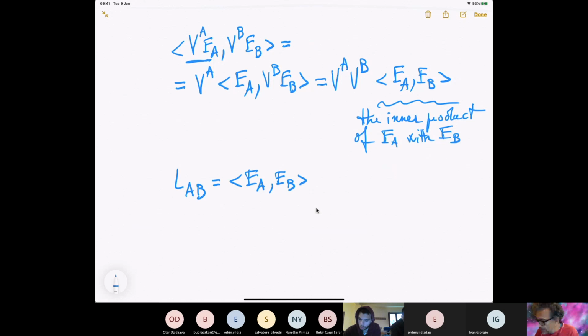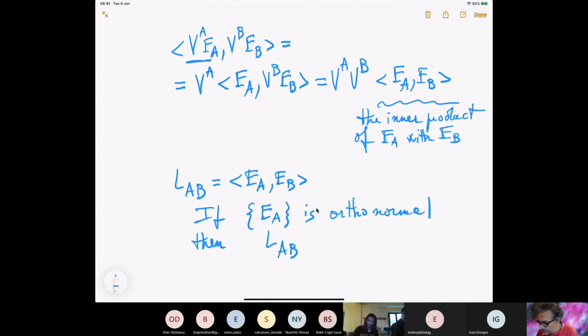Okay. So if e_A is orthonormal, then L_AB is equal to delta_AB.